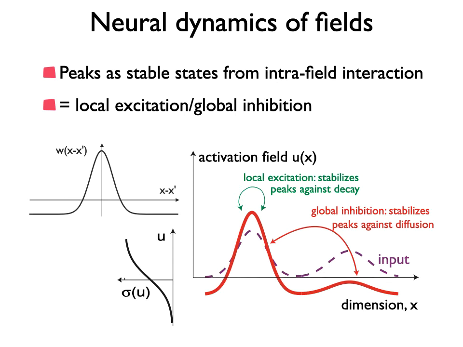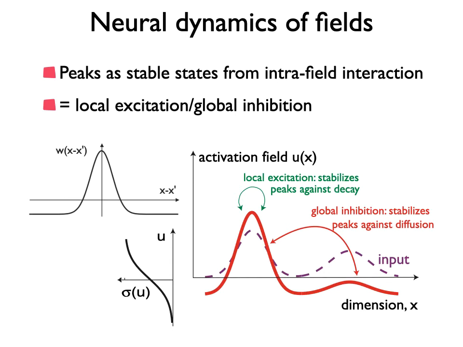On the other hand, if that was the only thing you had, then the peak could start to grow because it's always exciting its frontiers or its borders. And to limit that growth, we have global inhibitory interaction. That is, over larger distances, the inhibition would dominate so that the peak is stabilized against diffusive spread. And as I'm hinting, that will actually enable these fields to make selection decisions.